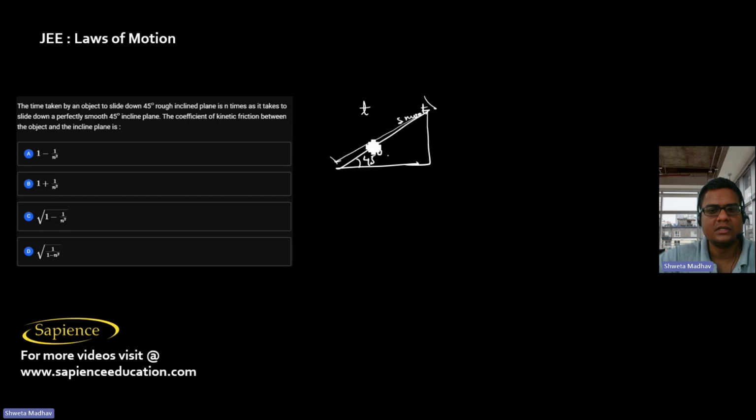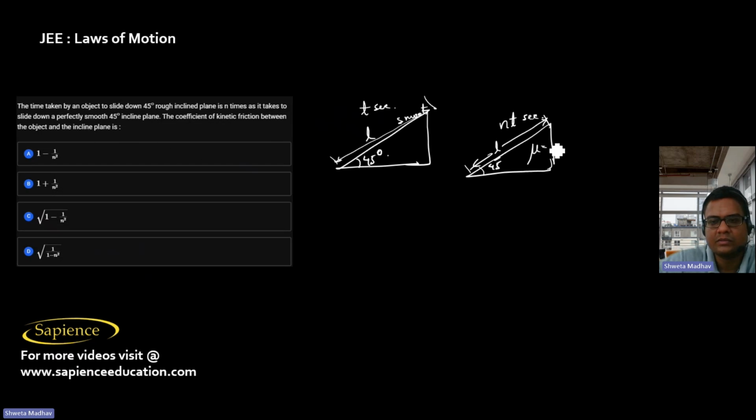Let's say this length is L. And if it is a rough inclined plane, the same length L it will cover in n t seconds. Here it will cover in t seconds if it is smooth. And the coefficient of kinetic friction between the object and the inclined plane, this mu, has been asked.